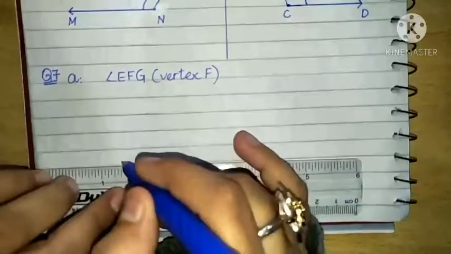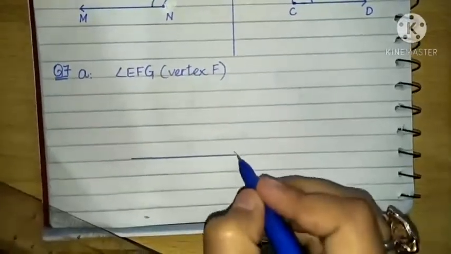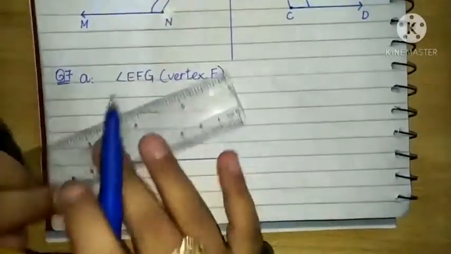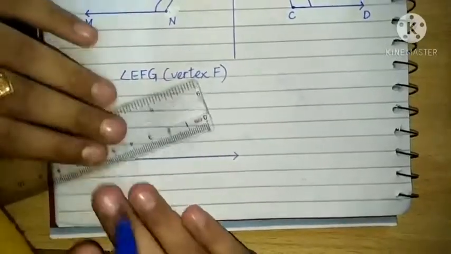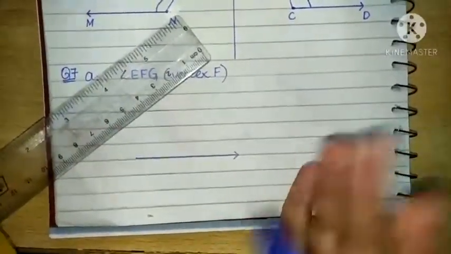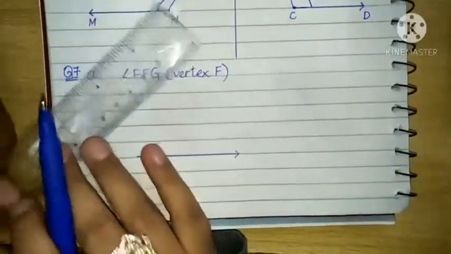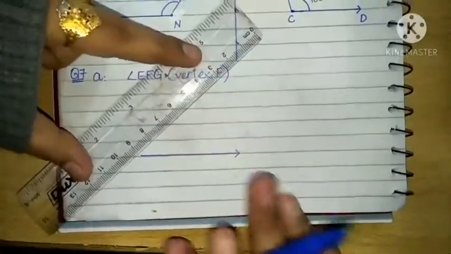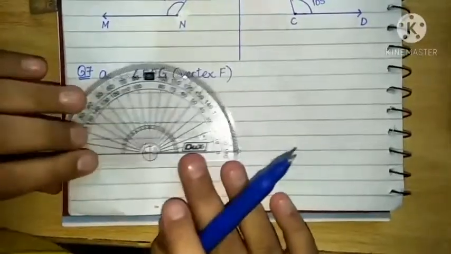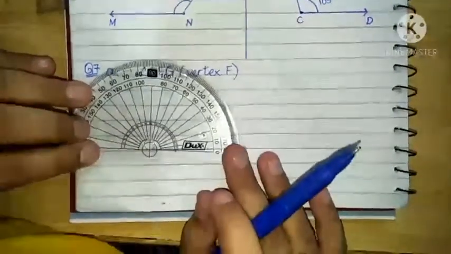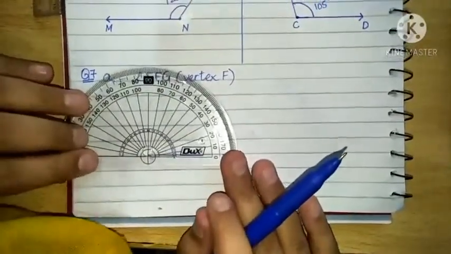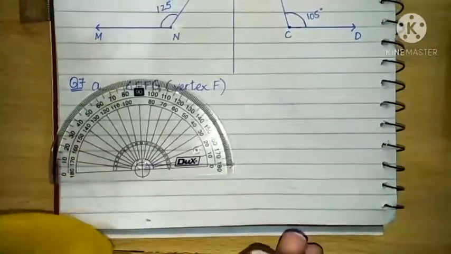First of all, you have to draw a ray of any length. Now there are no measurements of the angles, so you can draw the angles as per your choice. You can use a scale for random making or a protractor to draw the angles exactly. There is no compulsion in question number 7.